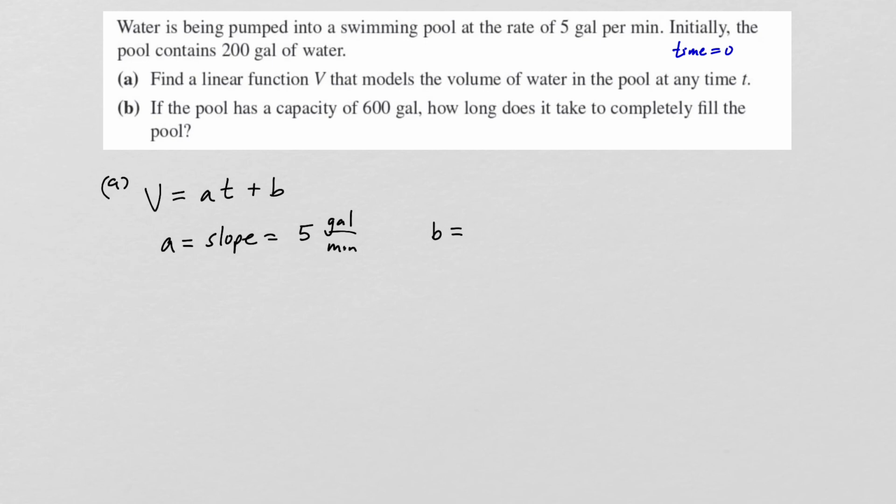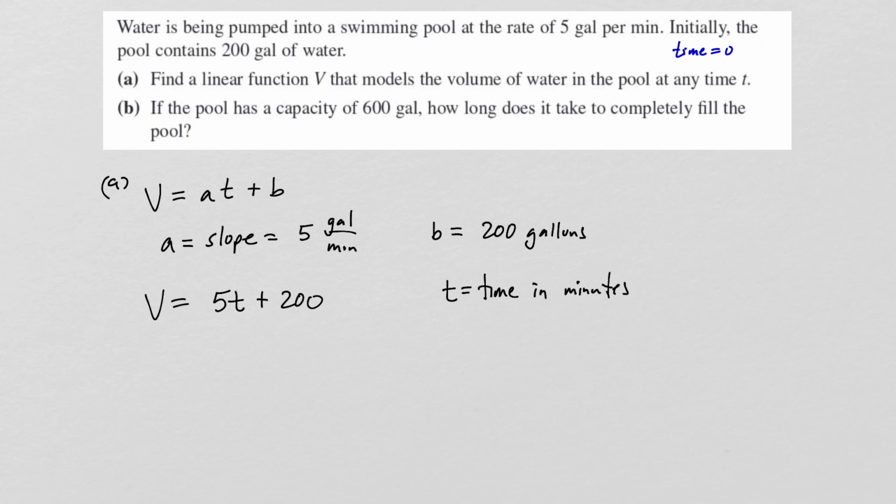In this particular case, it's 200 gallons, because it tells us that initially the pool contains 200 gallons. So the volume of this pool is going to be 5t plus 200. And this will give us the volume at any particular time t. Keep in mind that t is time in minutes, and v is volume in gallons.